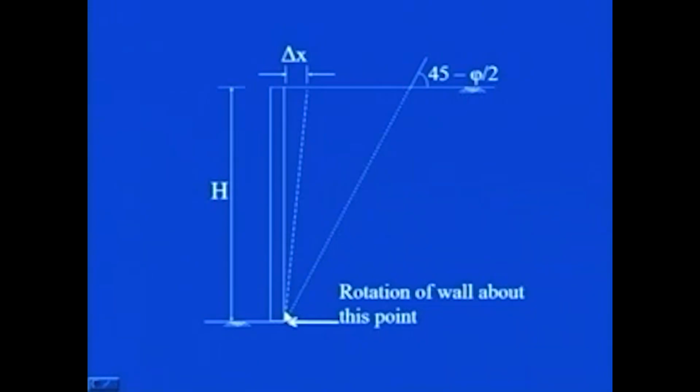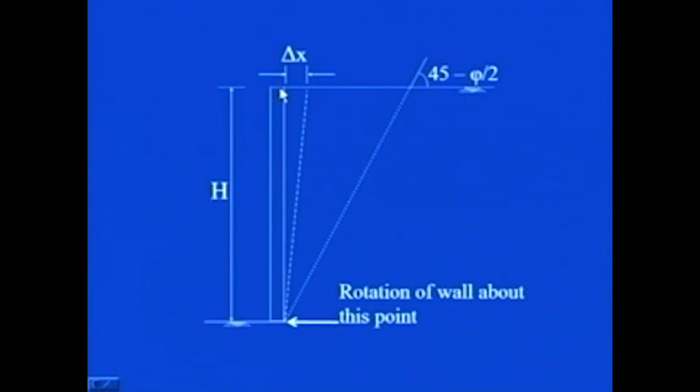First, let us discuss Rankine's passive earth pressure theory. Similarly, as we discussed in the case of active earth pressure, here the failure wedge is making an angle of 45 minus phi by 2 from the horizontal surface.